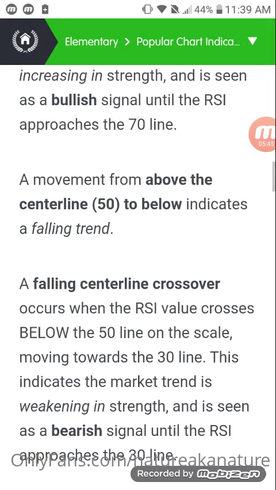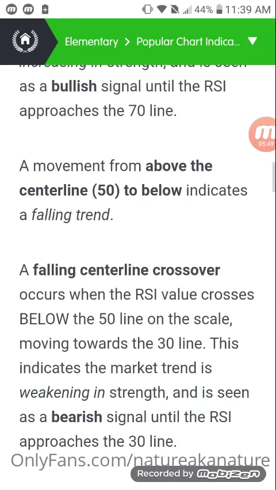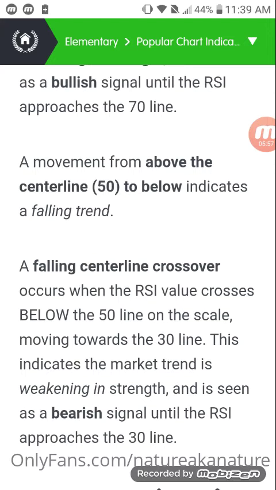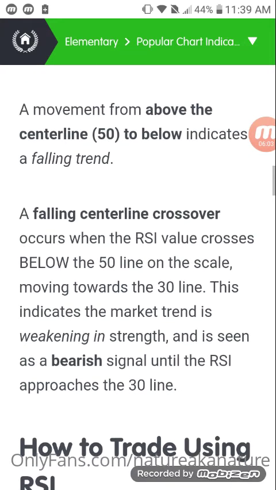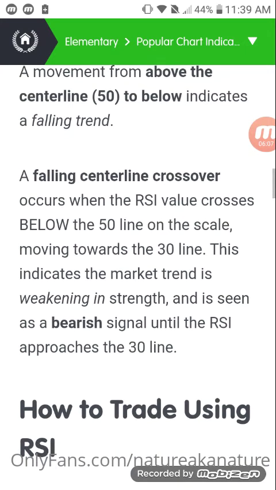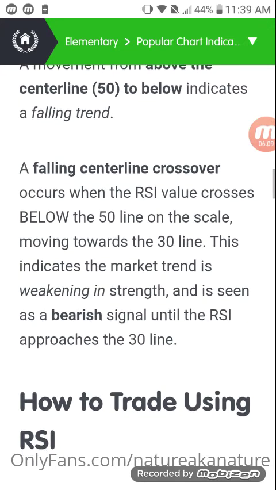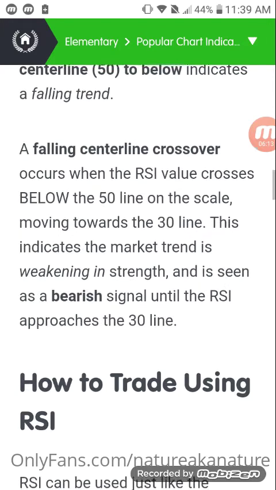So it's at the 70 line, and when price starts to go below the 50 line, the center line, and moves towards the 30 line, this indicates that the trend is weakening in strength and is seen as a bearish signal, until the RSI approaches the 30 line. Once it approaches the 30 line or goes past it, it's oversold.